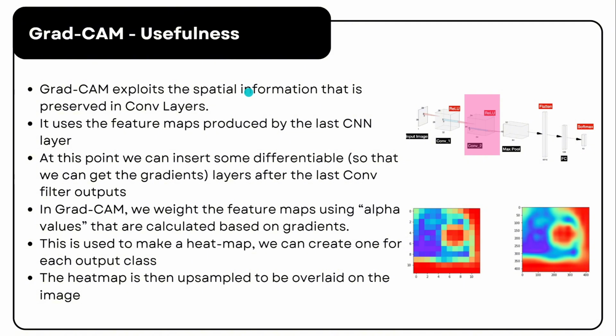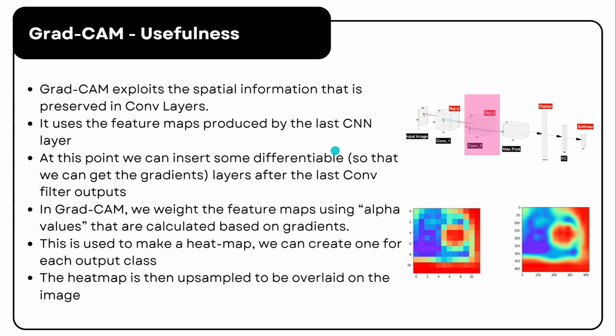Specifically, it utilizes the feature maps produced by the final convolutional layer, which is the one highlighted in pink in the diagram. At this point in the network, we insert some differentiable layers after the last convolutional output. This is essential because it allows us to compute gradients with respect to a specific class.